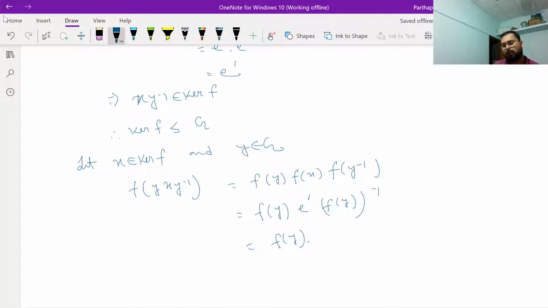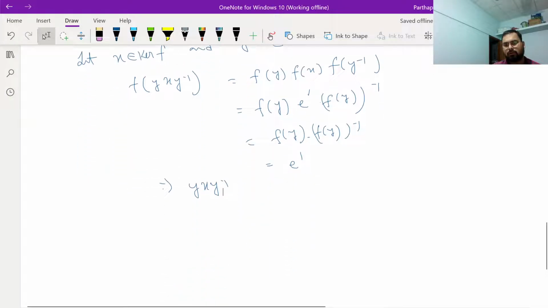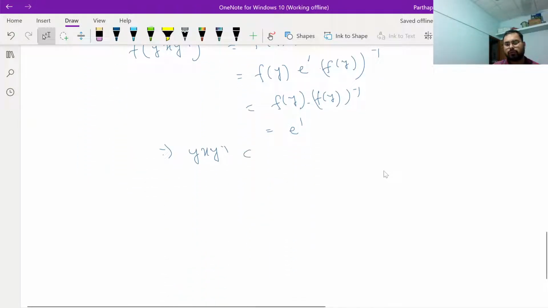So f of y into f of y whole inverse is nothing but e dash. So this implies y x y inverse belongs to the kernel of phi. Therefore the kernel of phi is a normal subgroup of G.